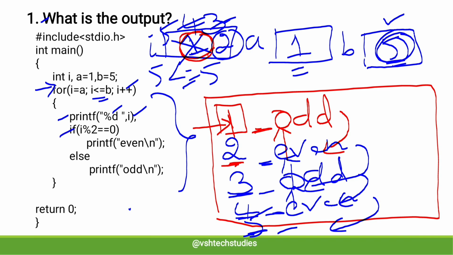Then 5 mod 2, is it 0? No. So the true block will not be executed. It will come here, so odd is printed and leave the line. So after printing 5 and leaving space, odd is printed, leave the line and control waits in the next line.